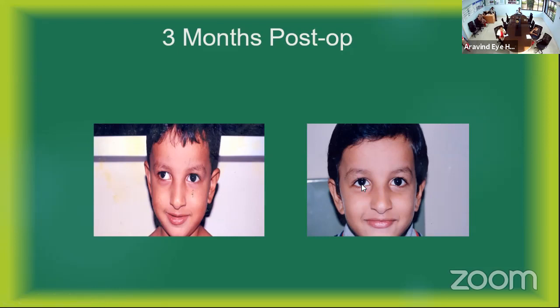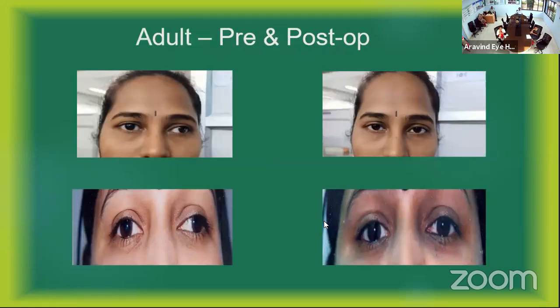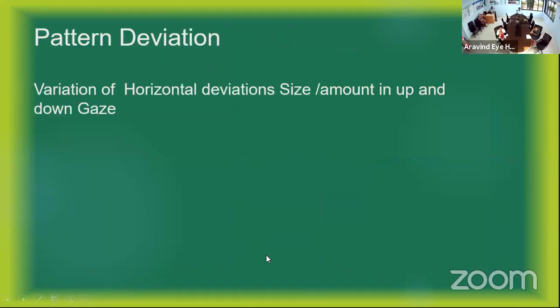This is where our orthoptic exercises will help. So after surgery, we give the orthoptic exercises so that the outcomes become better over a period of time. We do this in adults also for cosmetic purposes or for asthenopia. So we have good outcomes with this procedure.